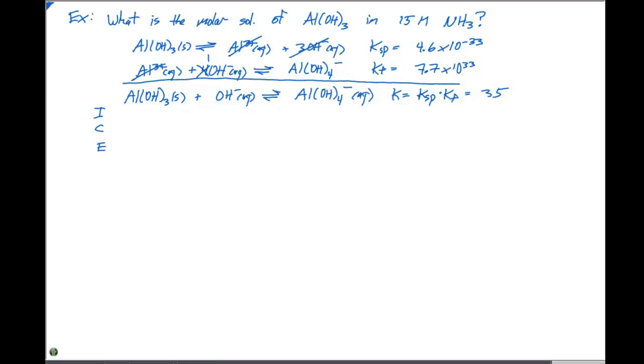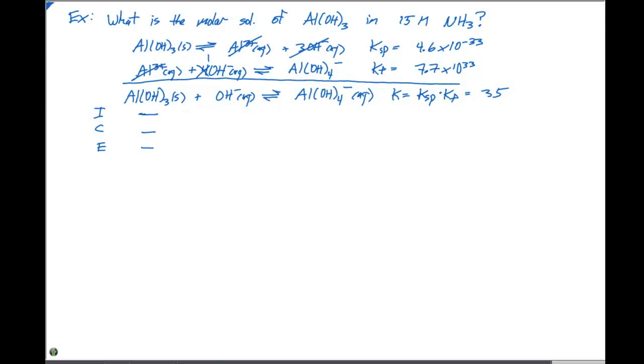The solid concentration does not change throughout the equilibrium, so we can ignore that. And we're asked for this molar solubility in 15 molar ammonia, which we need to know the initial concentration of the hydroxide ion and the complex ion in order to perform this calculation.